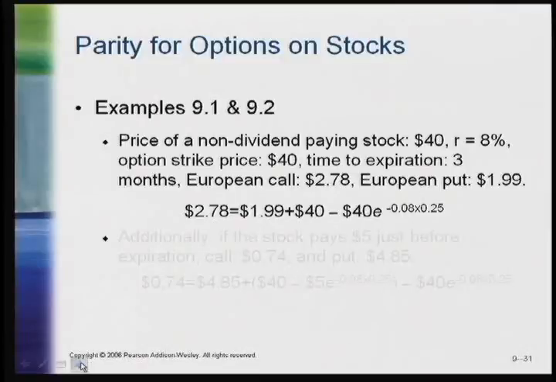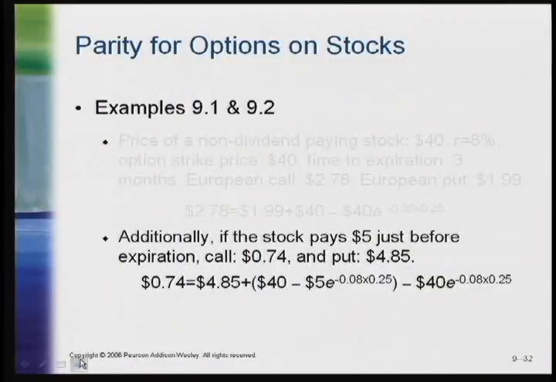And we can see by doing the arithmetic that $2.78, price of the call, is the price of the put plus the price of the stock minus the present value of the price of the strike. On the other hand, what if the stock pays $5 right before expiration?